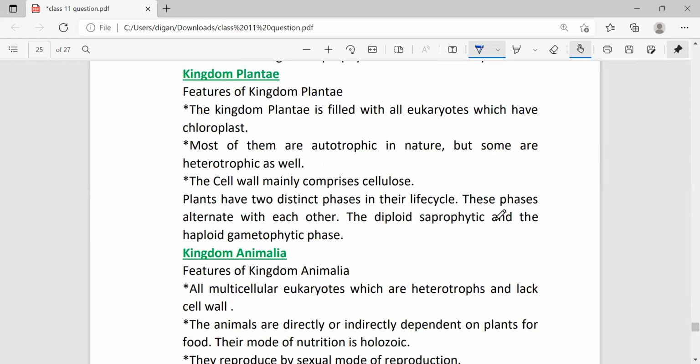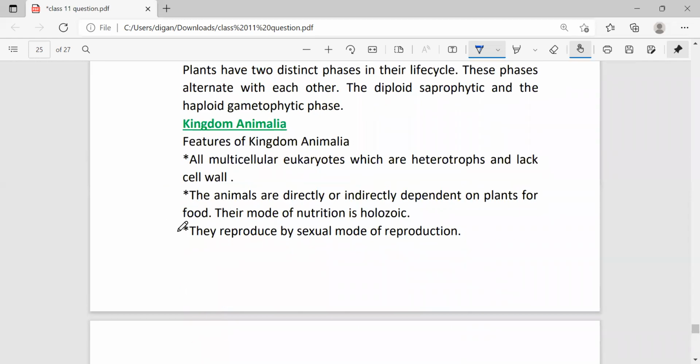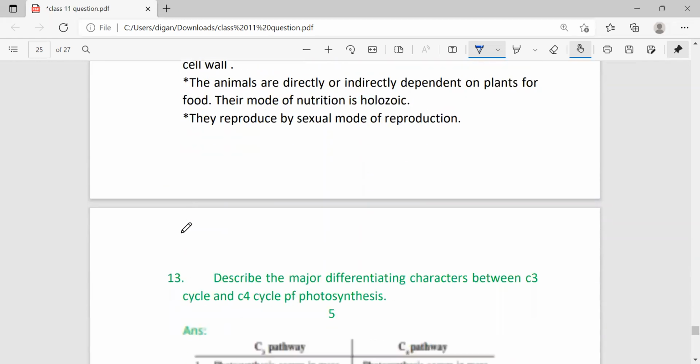One phase is called sporophytic and the other phase is called haploid gametophytic. The sporophytic phase is diploid, meaning twice the number of chromosomes is present, and haploid means a single number. In the gametophytic phase, a single number of chromosomes is present. Then kingdom Animalia, these are the characteristics of kingdom Animalia.